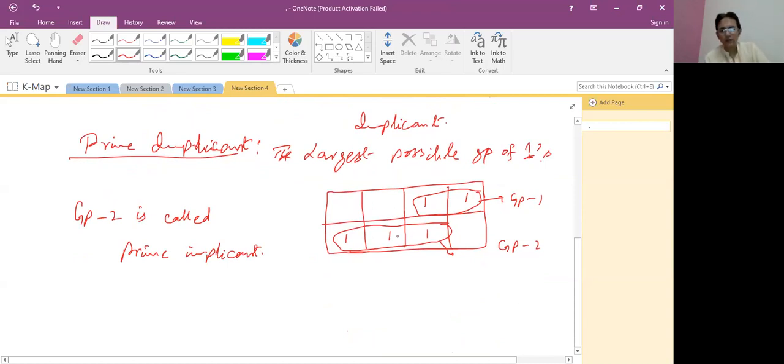Or if we find the result of the prime implicant, then we consider variables A B and C. For example, 0, 0, 0, 1, 1, 1, 1, 0. And we consider 0 and 1. It is C complement.